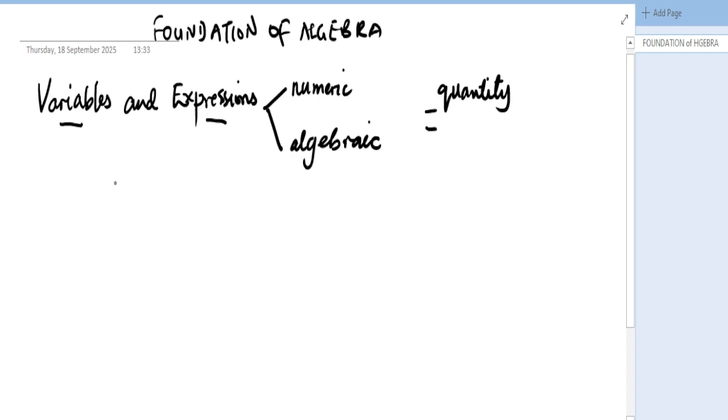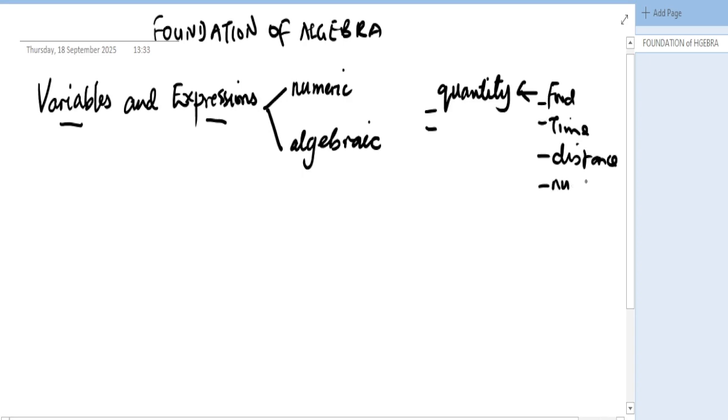So what are variables? Like I said, before we understand the meaning of variables, we need to look at what quantities are. Everything in mathematics is just like everything we do every day. Things like food, amount of food, time taken to do a particular job, distance, in fact, number of people in any given place.